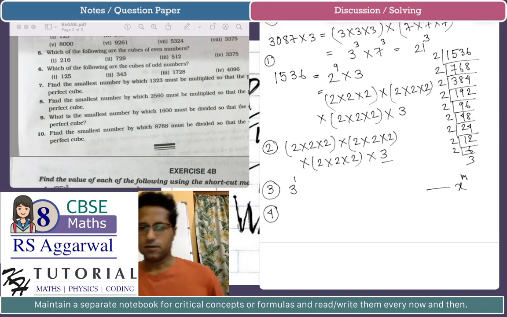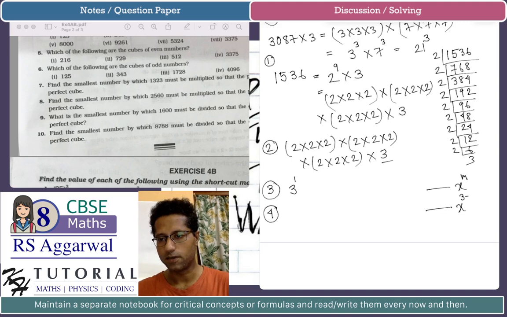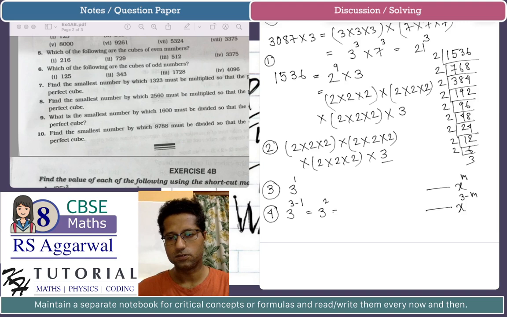If you merge the similar prime factors and do their product, the powers can only be 1 or 2. So in step 3 you find all those x to the power m, and in step 4 from all those x to the power m obtained in step 3 you find the corresponding x to the power 3 minus m. So in this problem we will have 3 to the power 3 minus 1, which is equal to 3 square, which is equal to 9.